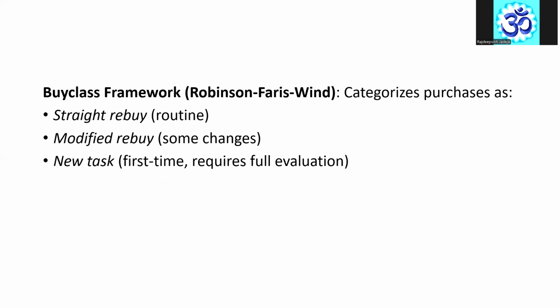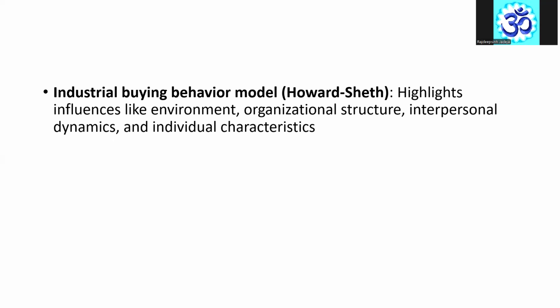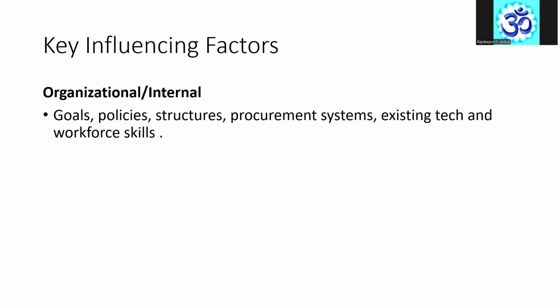Then the buy class framework, developed by Robinson, Faris and Wind, which categorizes purchases as straight rebuy, which is a routine purchase, modified rebuy, which is a purchase with some changes, and new task, a first-time purchase that requires full evaluation. That means the new purchase. Then the industrial buying behavior model by Howard and Sheth highlights influences like environment, organizational structure, interpersonal dynamics, and individual characteristics.